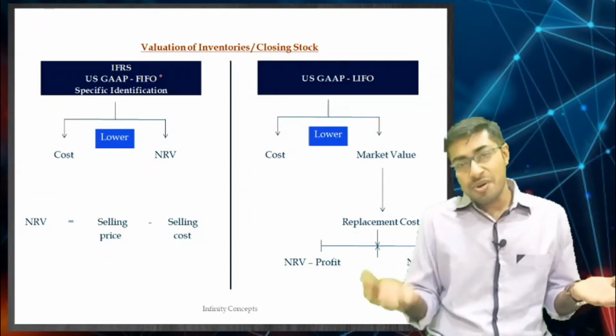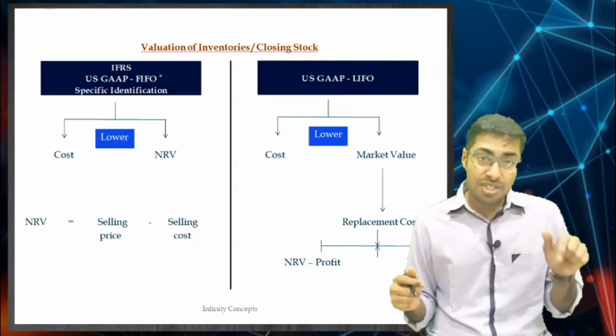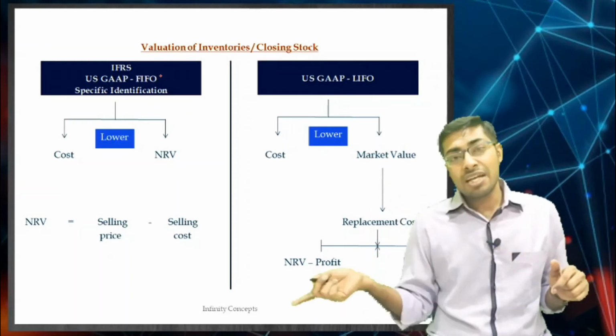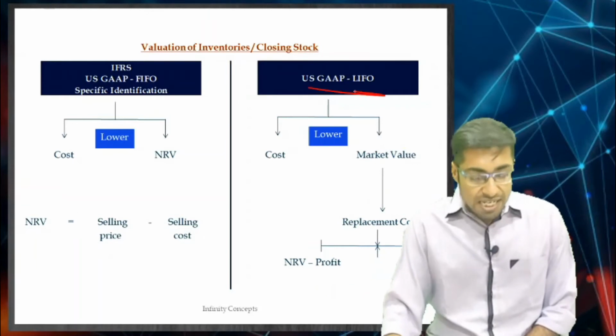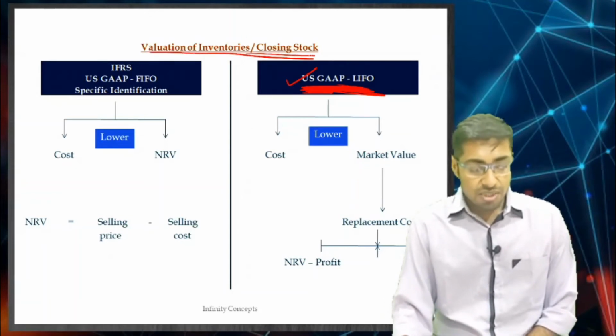So between IFRS and US GAAP, only US GAAP allows LIFO, and US GAAP also allows other things. For LIFO, which only US GAAP allows, there is a different way of calculating valuation of inventory or closing stock.